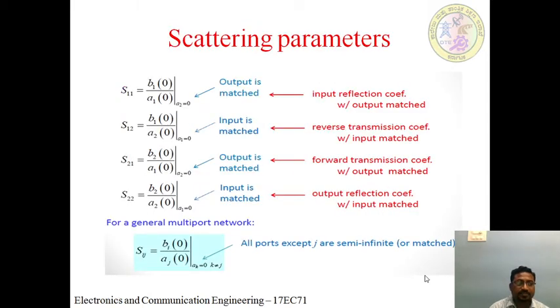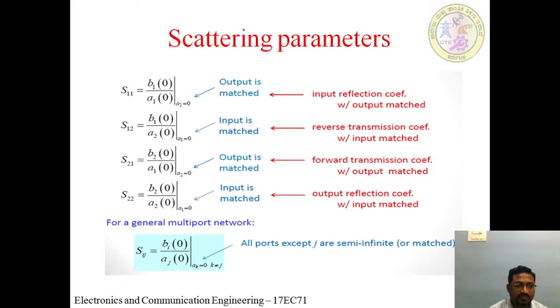Then the scattering parameters. In the equation we have to consider a2 equal to 0 and a1 equal to 0 for finding the values of the S parameters S11, S12, S21 and S22. In order to calculate S11, we have to consider a2 equal to 0. If a2 is equal to 0, then S11 is equal to b1 divided by a1.